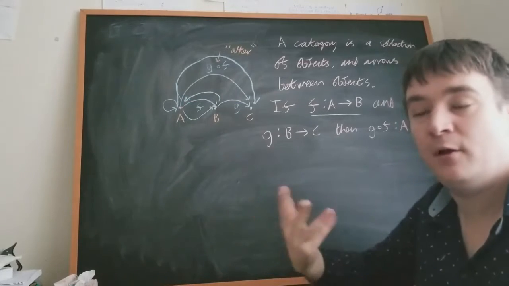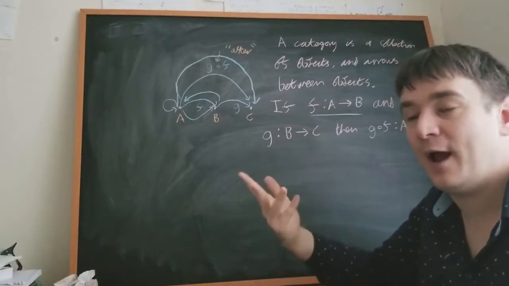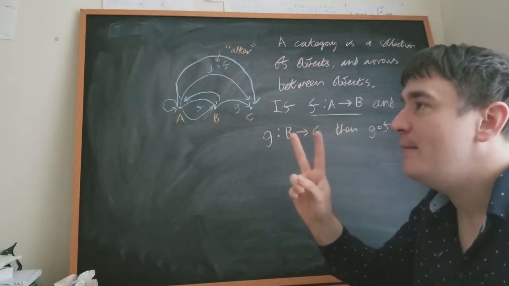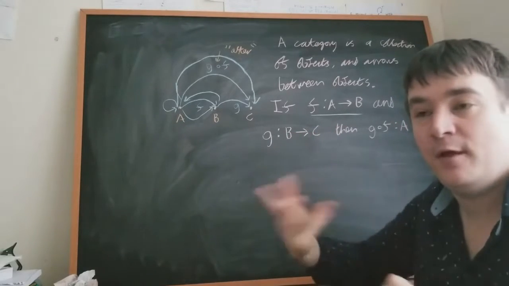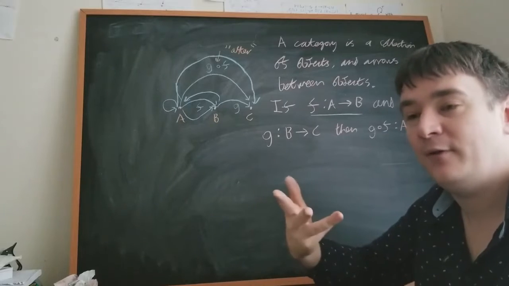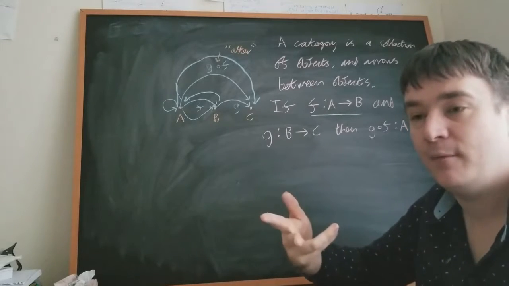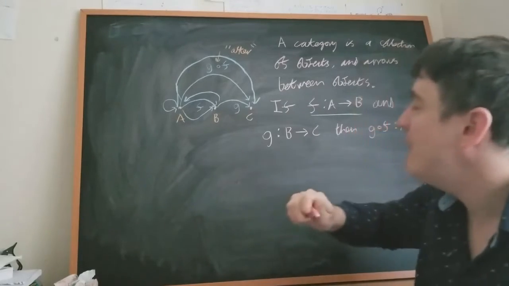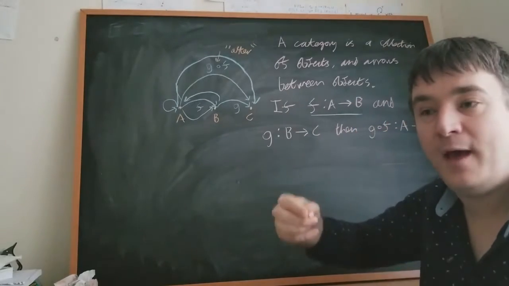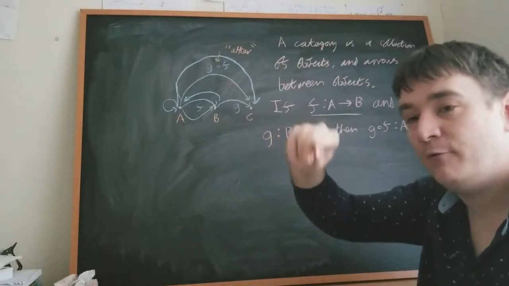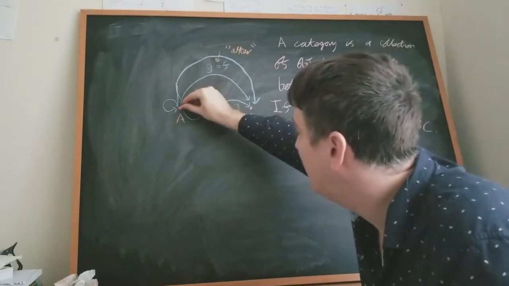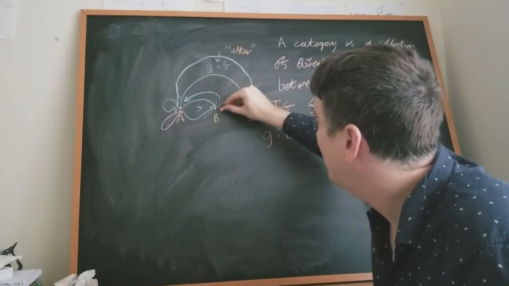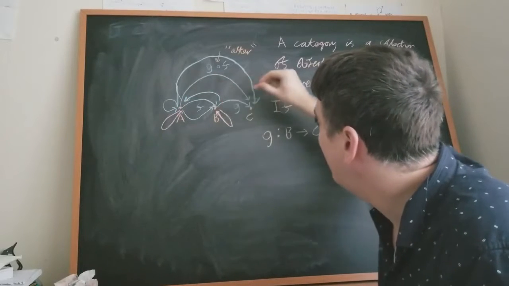So we're getting close to having a full definition of what a category is. There's just two more properties that the structure has to satisfy in order to be a category. One of them is identity arrows. So every object has to have an arrow going from itself to itself, a special kind of arrow called an identity arrow.